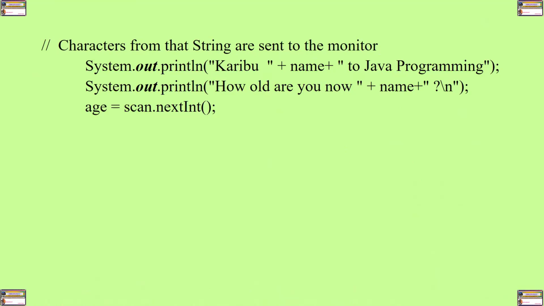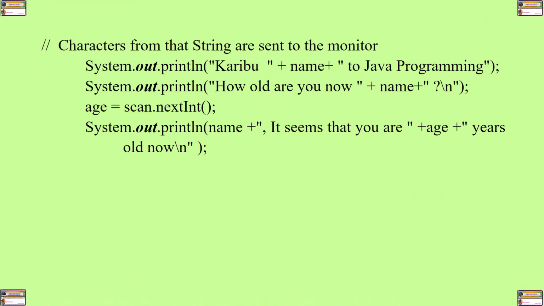It will be keyed in, read, and assigned into the memory location called age. And then we have the output statement which states, Meme, it seems that you are 10 years old now. So the content of the variable called age will be picked and made part of this statement, and also part of the string literal.